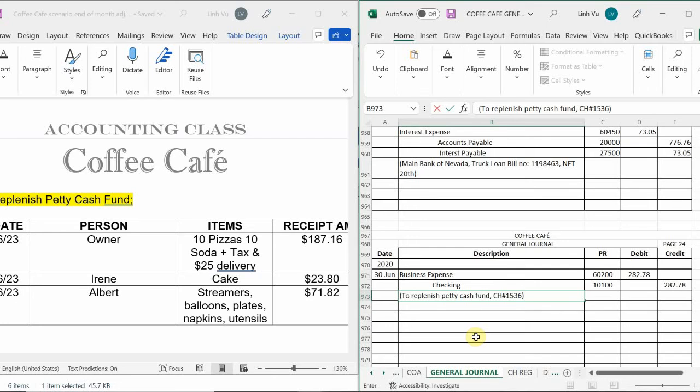In this case, you could put all that information into the actual business expense account itself.